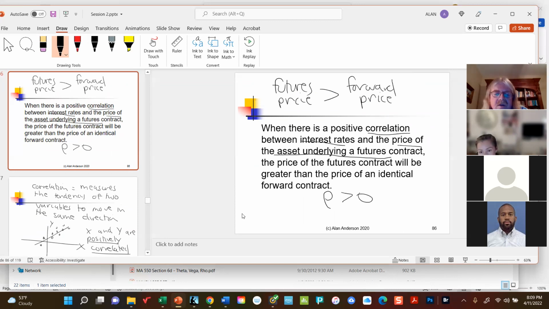So just as a quick reminder, this is the symbol for correlation. This is the Greek letter rho, as it turns out, and it represents the correlation. A positive correlation simply means that two variables tend to move in the same direction.